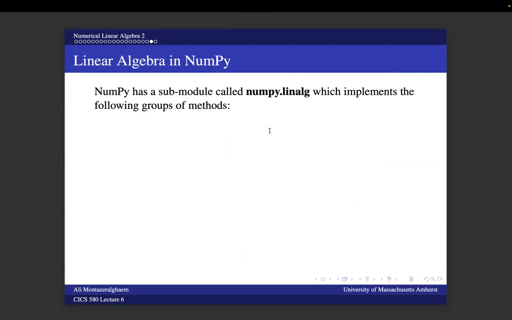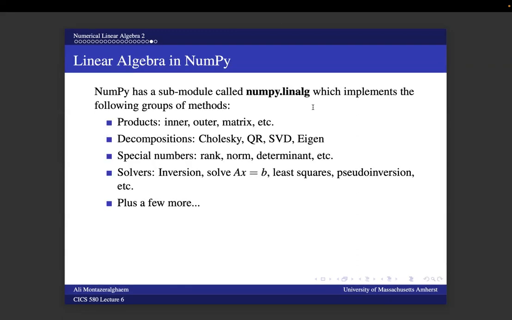You also need to keep in mind that NumPy has methods for linear algebra, called numpy.linalg. The methods in this submodule include inner or outer products, matrix multiplication, and decompositions such as eigenvalue or singular value decomposition.